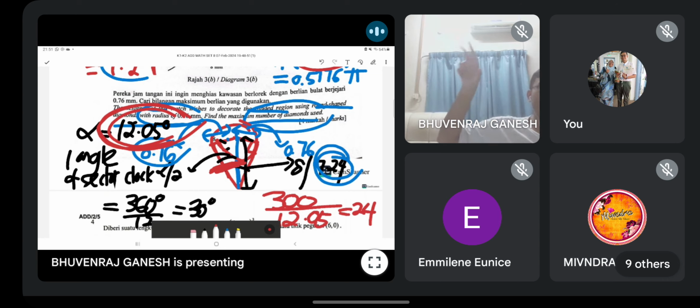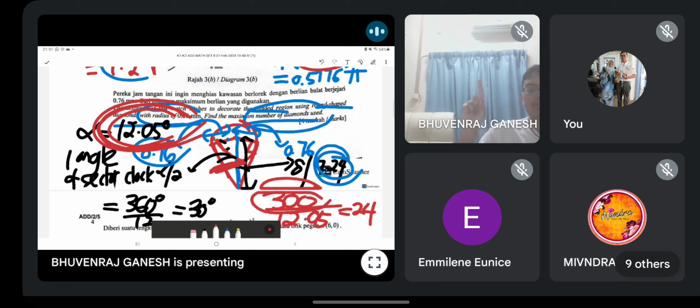Can you guys get it? Because there is a major sector, total angle 300, just now we counted. One sector will have one diamond. Itu anggapan kita. So that will make the calculation easier. Every single sector, on the small part there, has one diamond. So the number of sectors will equal your number of diamonds. So you can directly compare the angle.